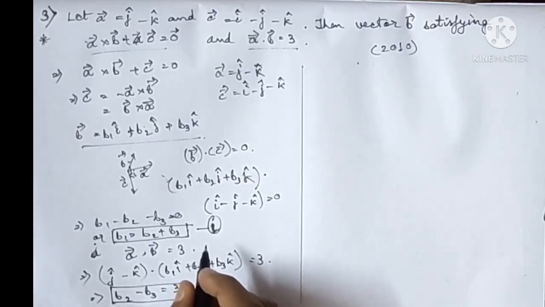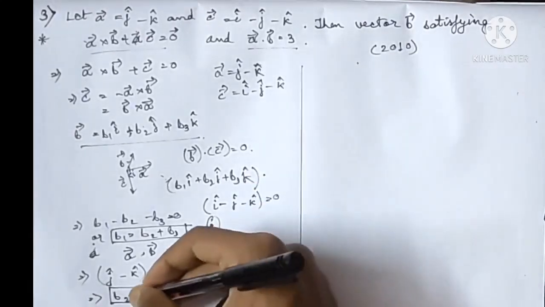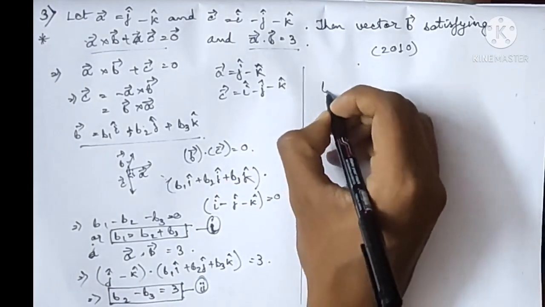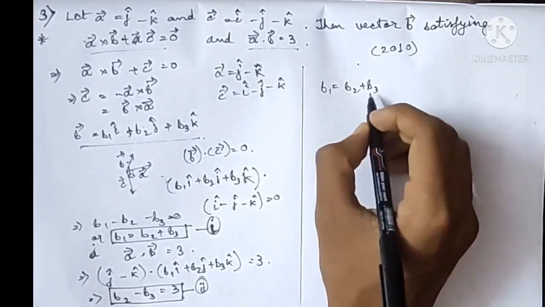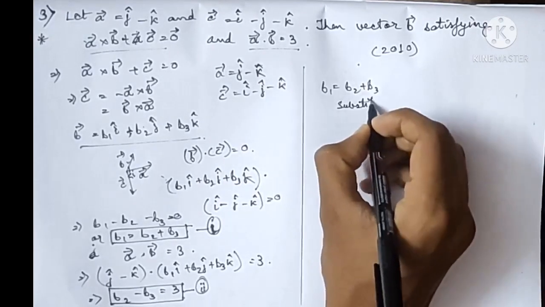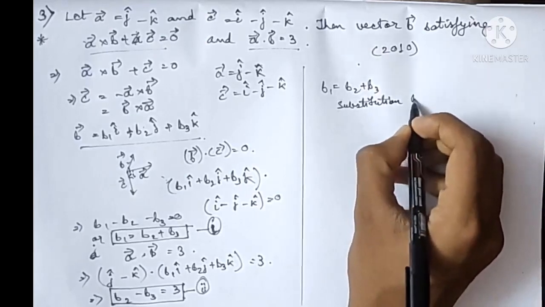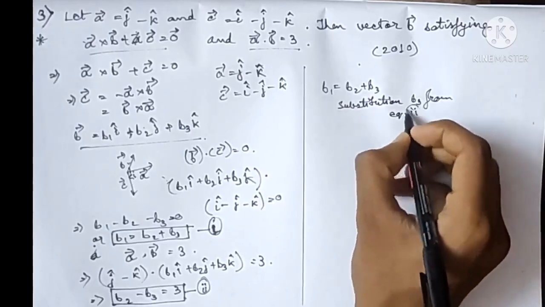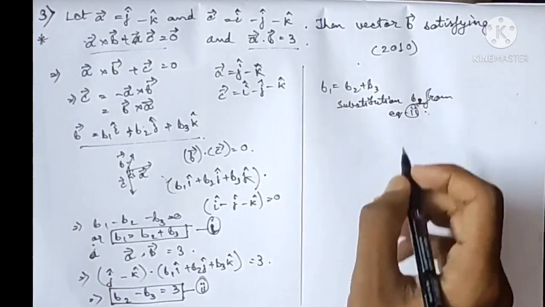Now we are substituting the value of b2, right? So b1 is equal to b2 plus b3. Now we are substituting b3 from equation 2, sorry, b2, where anything we can do.